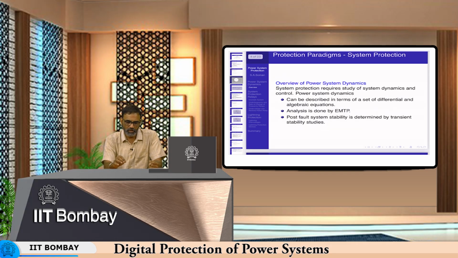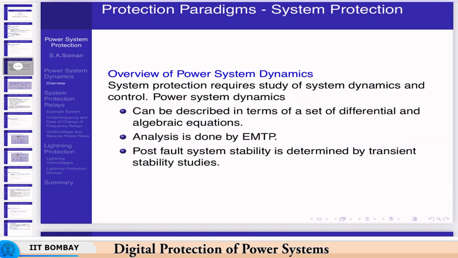Okay, before we go on to system protection, background of system dynamics is necessary. You are aware that the whole power system can be described as a set of differential and algebraic equations, and to do a transient analysis, you need to use these models of the transmission system of the power system, and then solve it by EMTP or any other transient analysis program.